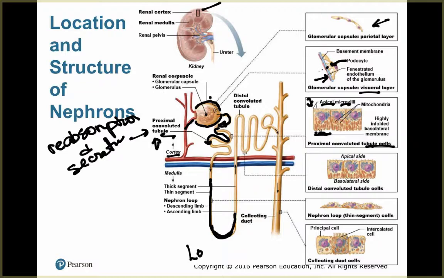It is also known as the loop of Henle. That's what it used to be called, and that's what I learned it as, but now they call it the nephron loop. So you have one side, if you notice, this is the descending side because essentially we're going down this way. And up here is the ascending side, right?